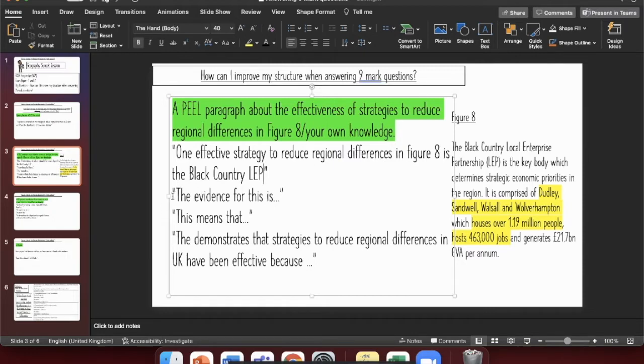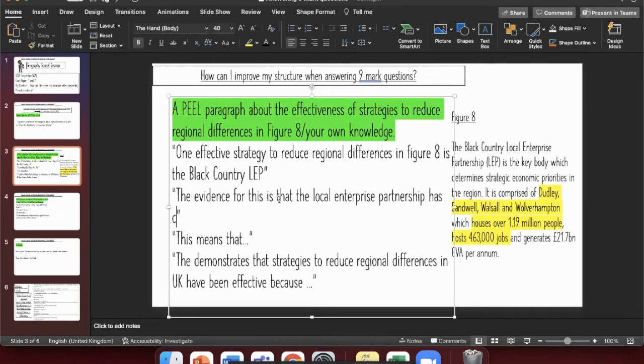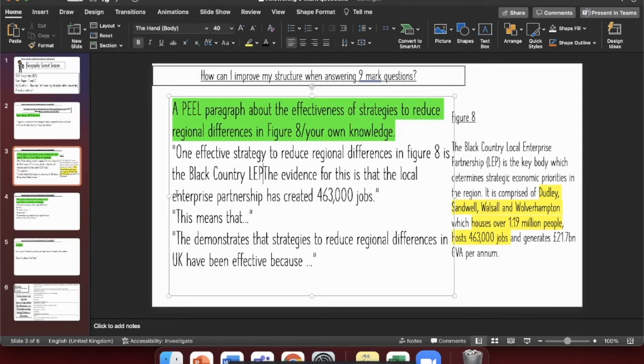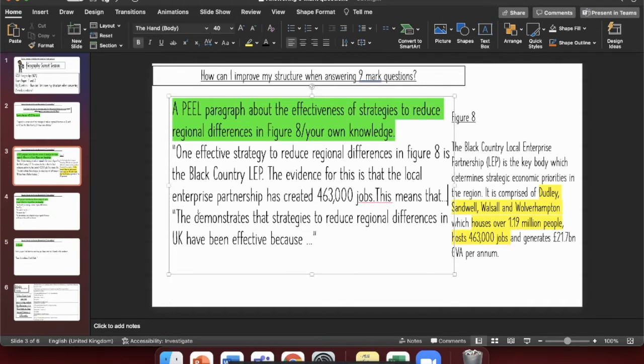Then the next part of my PEEL paragraph, the evidence for this is that the local enterprise partnership has created 463,000 jobs, which I've collected from figure 8. So that's the next part of my PEEL paragraph. Next, I need to explain, so I'm going to use my old favorite phrase for this first paragraph. This means that, or TMT.